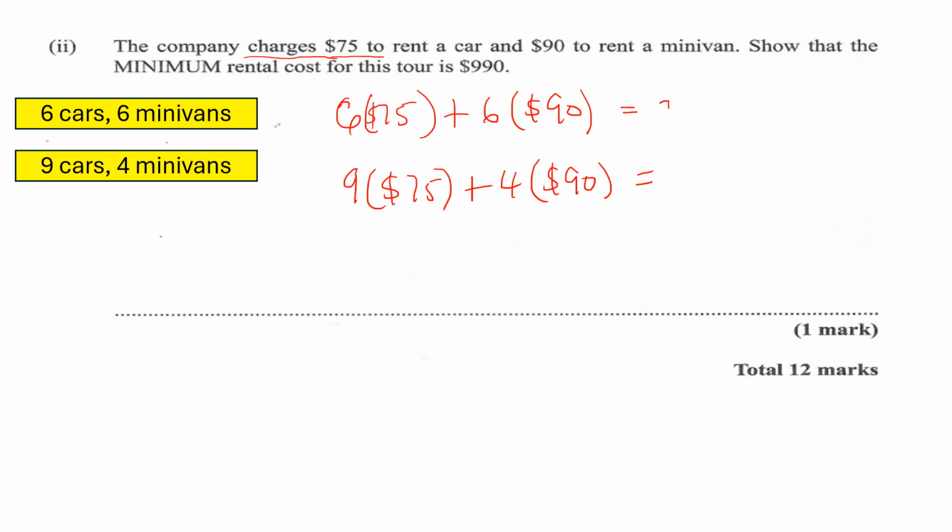The first one, you're going to get 990. And the second works out to be 1,035. So according to the question, the minimum rental cost for this store is $990. So that means this is the answer here. They would have to rent 6 cars and 6 minivans to get that total. It's correct.